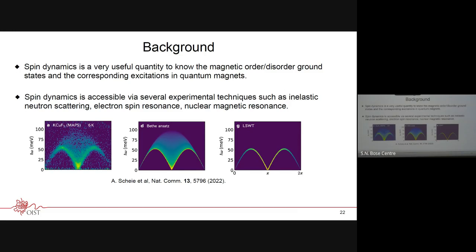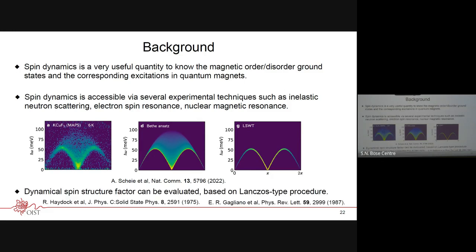So we can get the exact spin dynamics features by using the Bethe ansatz, and they correspond to each other. That is a nice result in an experiment. Of course, we can also do this numerically. For example, the dynamical structure factor can be evaluated by using the Lanczos procedure.